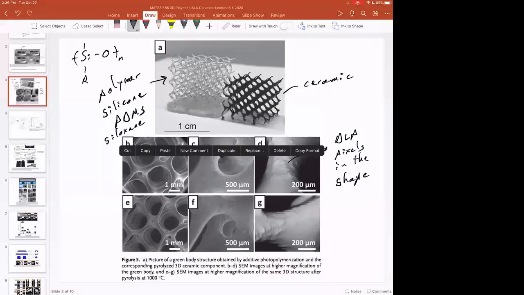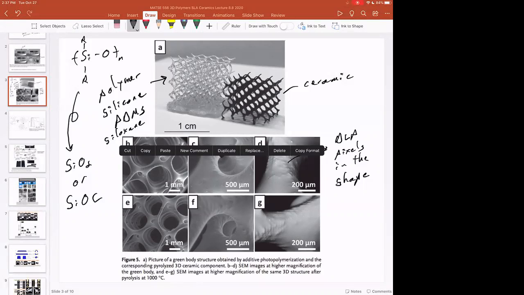And of course, you have different functional groups on the silicon, but this SiO is not that far away from SiO2 or silicon oxycarbide. So SiO2, of course, is quartz or silica.